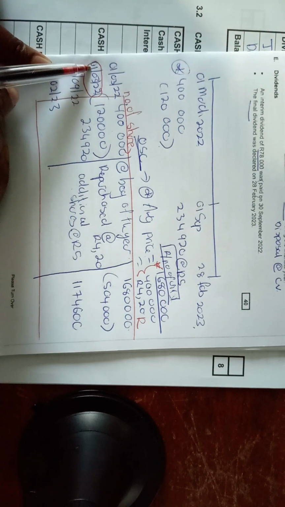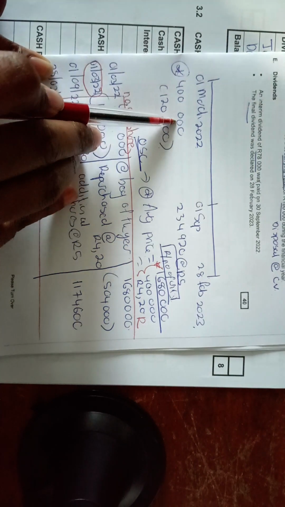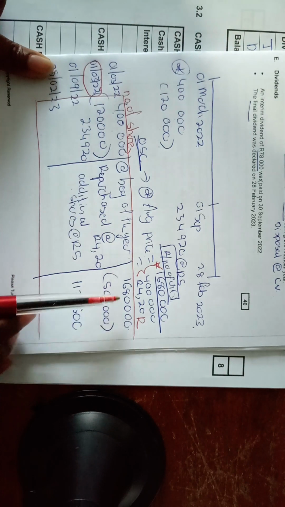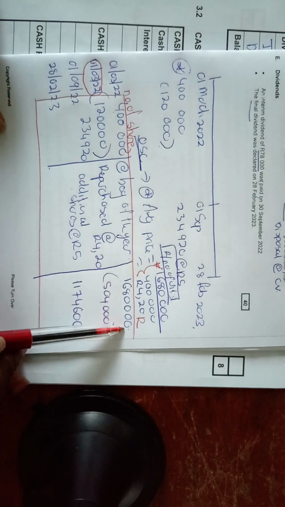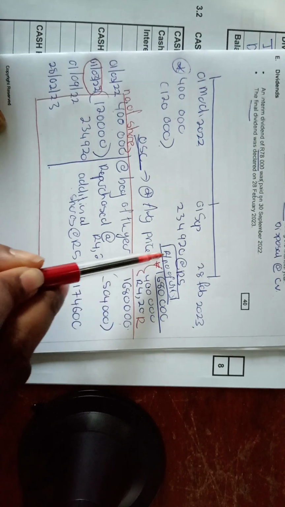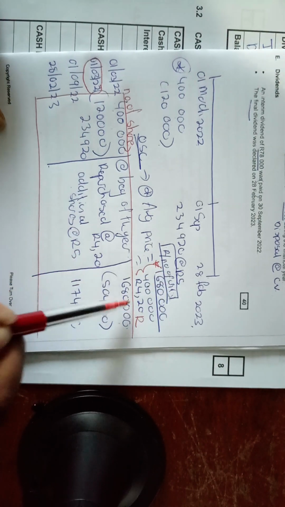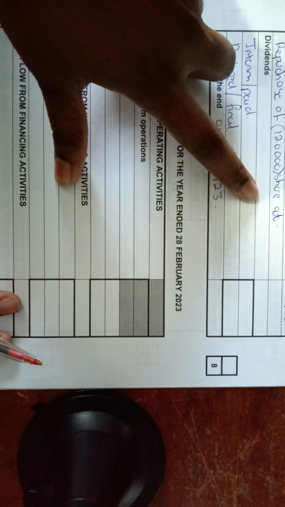So we know on the 1st of the third month, there was 400,000 shares. Even from my timeline, there's 400,000 shares, and the value I got from my trial balance, the value of these 400,000 shares in total was 1,680,000. So if I take the rand value over the number of units, I get 4.20, and that is my average price. Then I'm going to go here to repurchase of 120,000 shares.